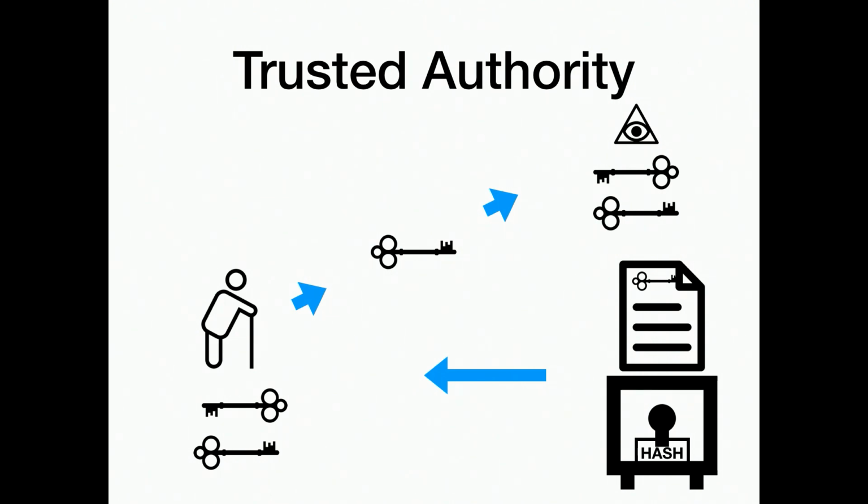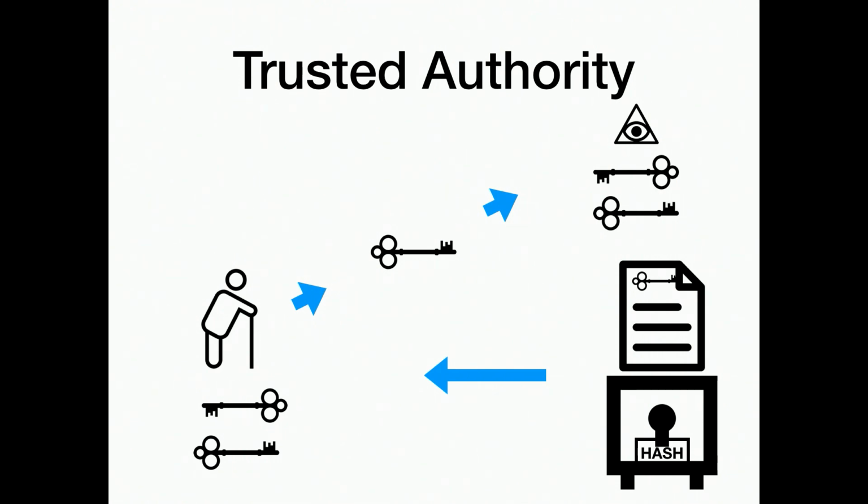So the person that wants to connect up to the Wi-Fi sends their public key, because they share that far and wide, and gives it to the certificate authority. The certificate authority creates a document that says this person's public key is trusted by me. I vouch for this person.